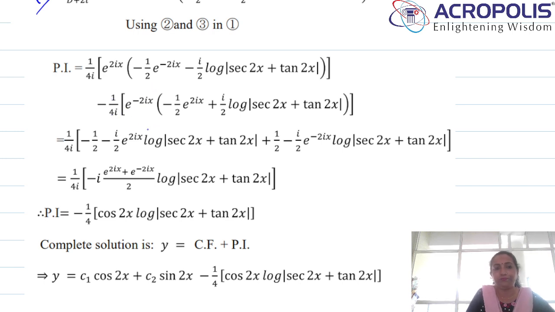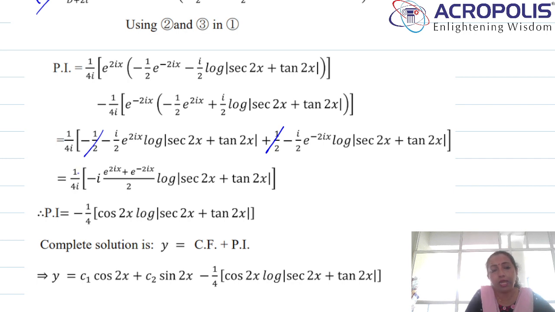Now, we have to solve this expression, and we will take minus i by 2 e to the power 2ix log of sec 2x plus tan 2x. Plus 1 by 2 and minus 1 by 2, they both are cancelled, and minus i by 2 e to the power minus 2ix log of sec 2x plus tan 2x. After multiplying e to the power 2ix in this whole expression, we will get this expression.